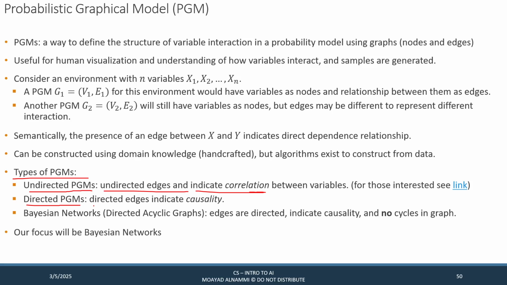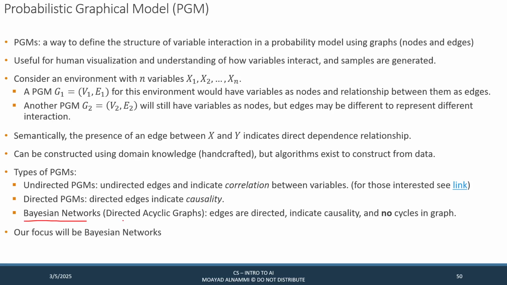You have directed PGMs, where you have directed edges that indicate causality, meaning if you have xi pointing to another node xj in your graph, what you're saying is that xi causes xj, or xj is influenced directly by xi.